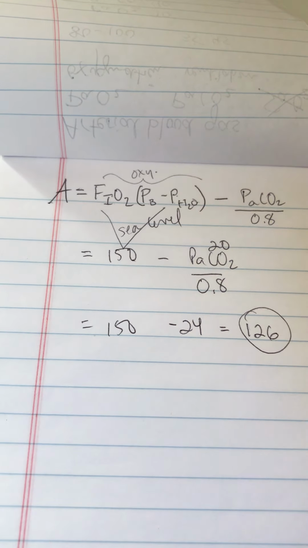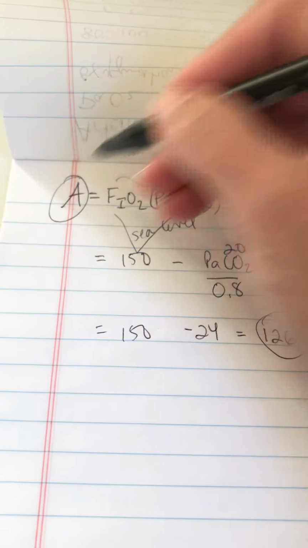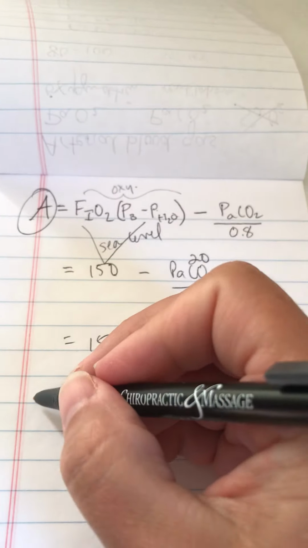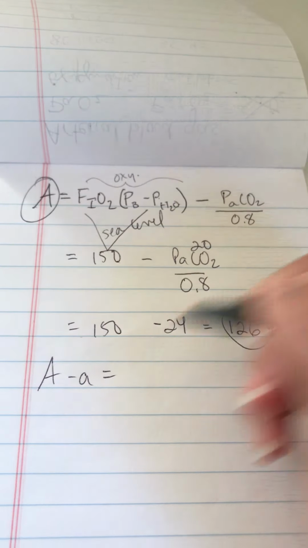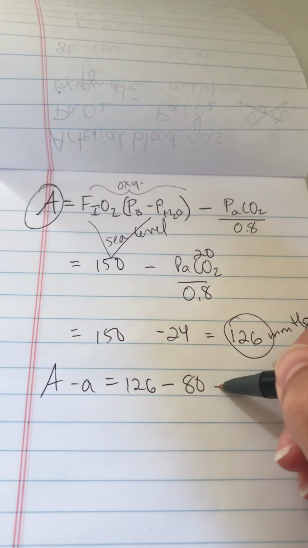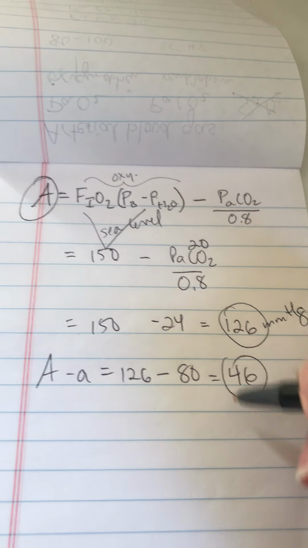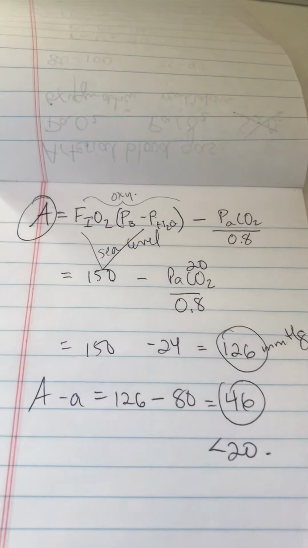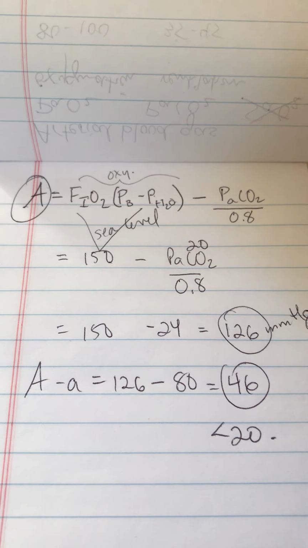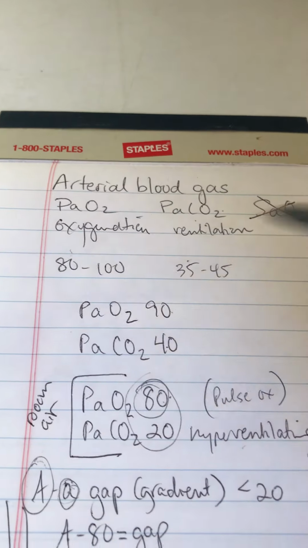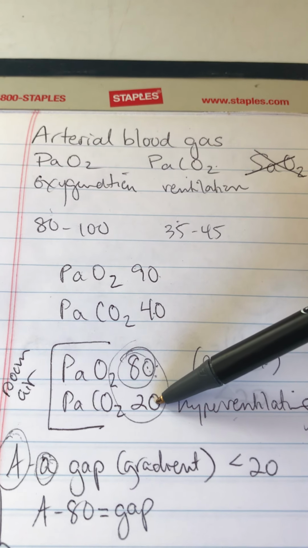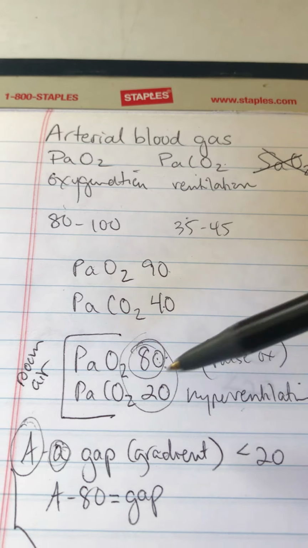This 126 is the oxygen partial pressure in the alveolus. So now when we have A minus a, we have 126 minus 80 equals 46, and normal is less than 20. So that's how you know that is not a good blood gas, even though when you looked at the PaO2 alone it seemed like a good number. That's how you figure out if a pet needs oxygen.